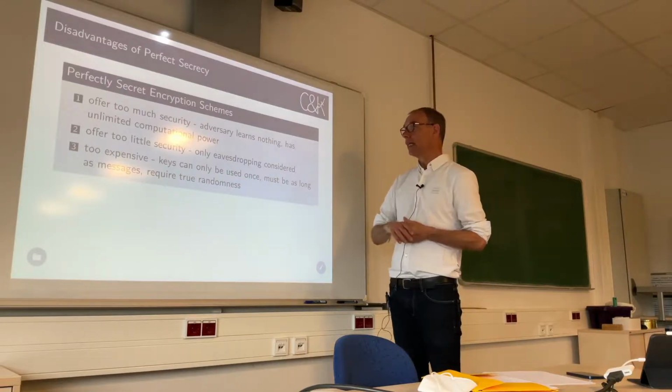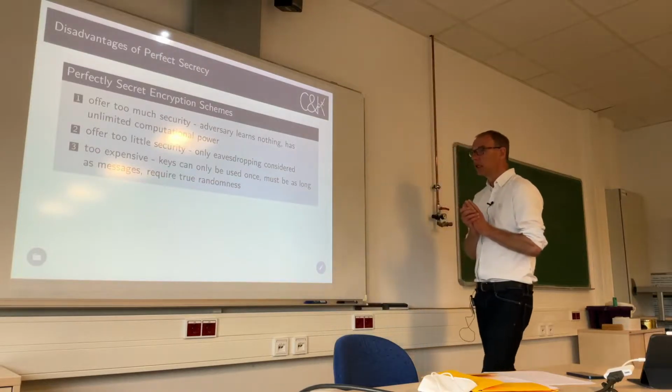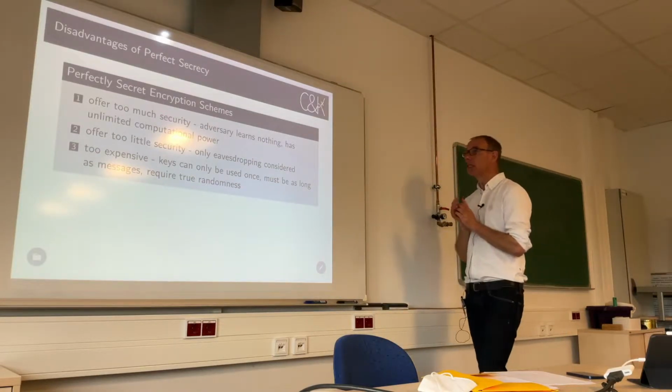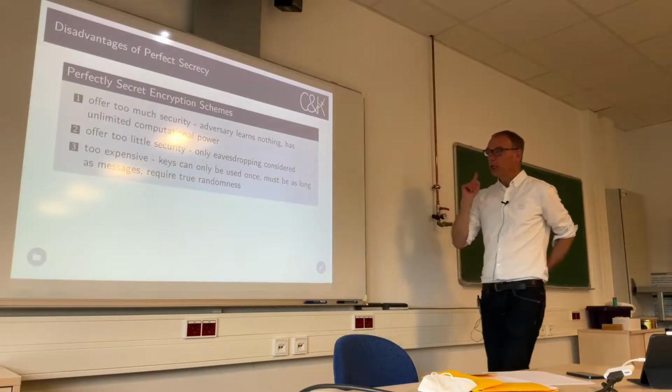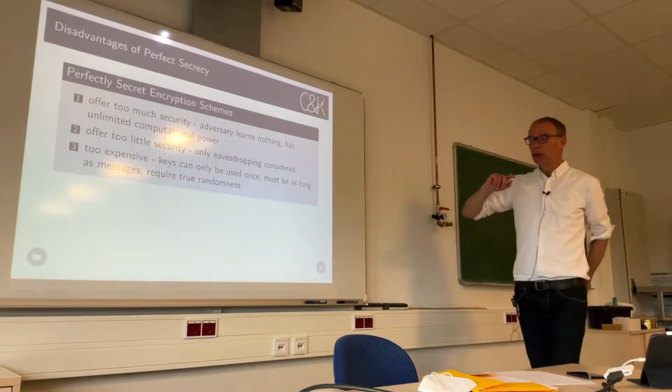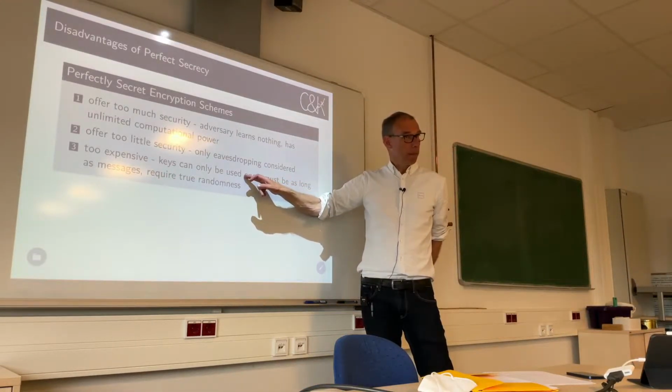And I said it's too expensive, so we can use this to get rid of the expense that is induced by perfectly secret encryption schemes. Let me remind you that keys can only be used once. That's what we said.